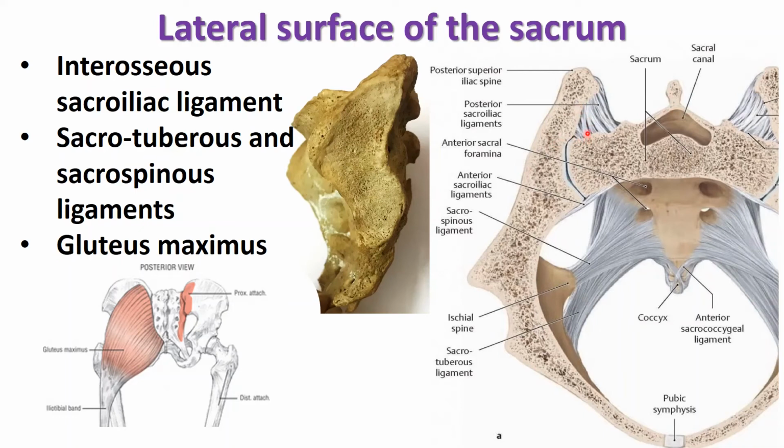So here is the interosseous sacroiliac ligament. This interosseous sacroiliac ligament is covered by a dorsal or posterior sacroiliac ligament posteriorly. So here is the posterior sacroiliac ligament. This one is the interosseous sacroiliac ligament, and this is the sacroiliac joint.